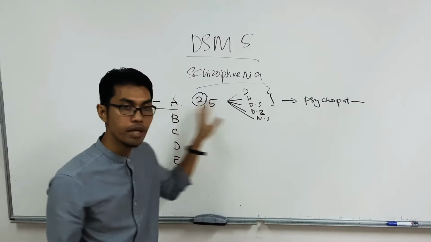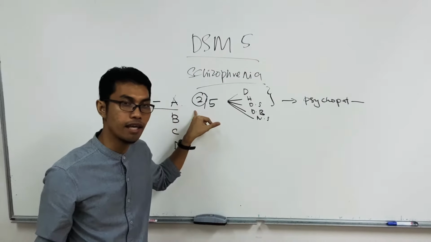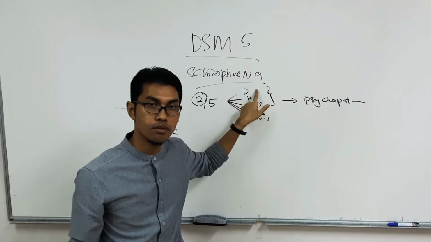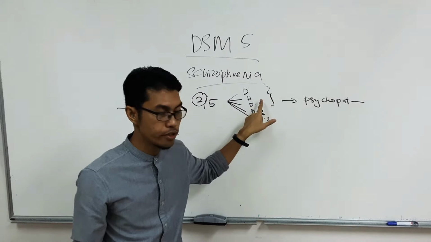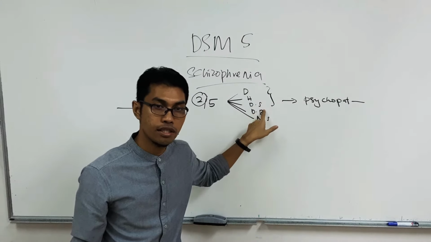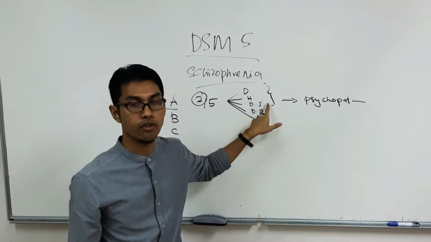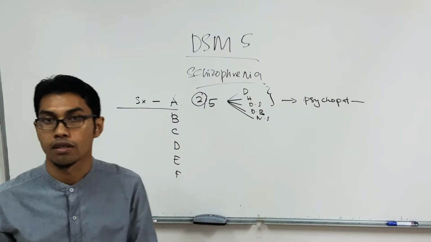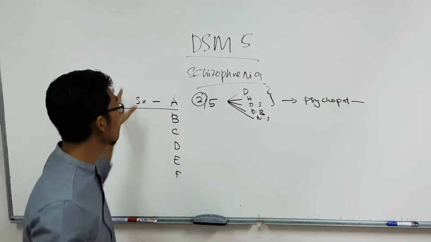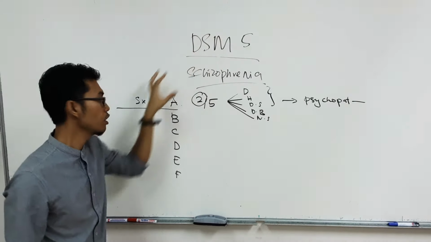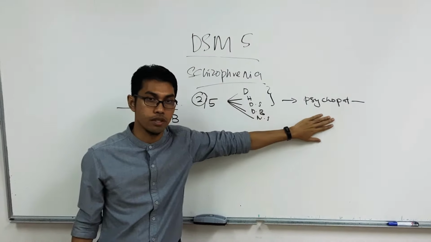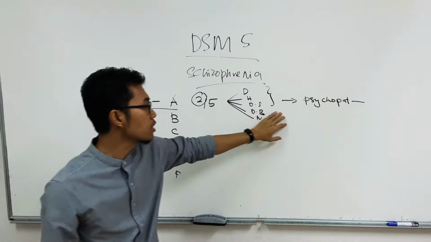You will not be able to fulfill criteria A if you don't know what delusion is, what hallucination is, what constitutes disorganized speech, disorganized behavior, catatonia, and negative symptoms. So in order to understand DSM-5, you need to first understand psychopathology. We'll talk about psychopathology in a bit.